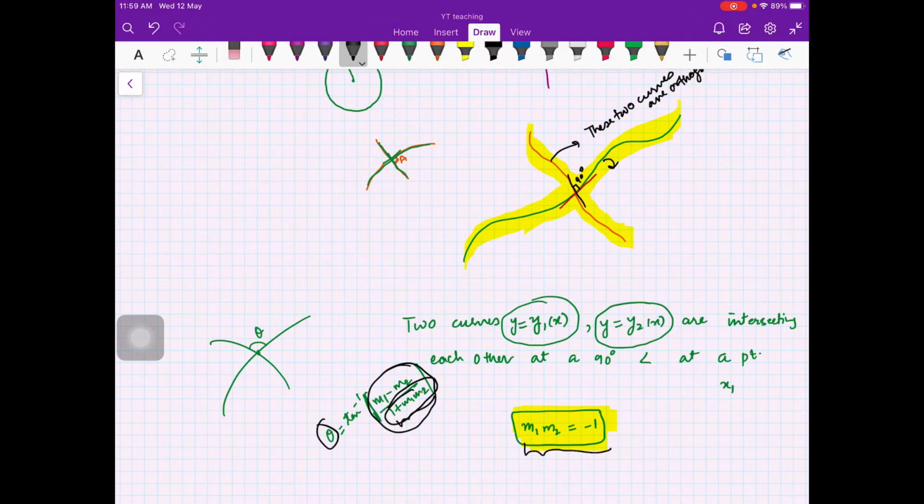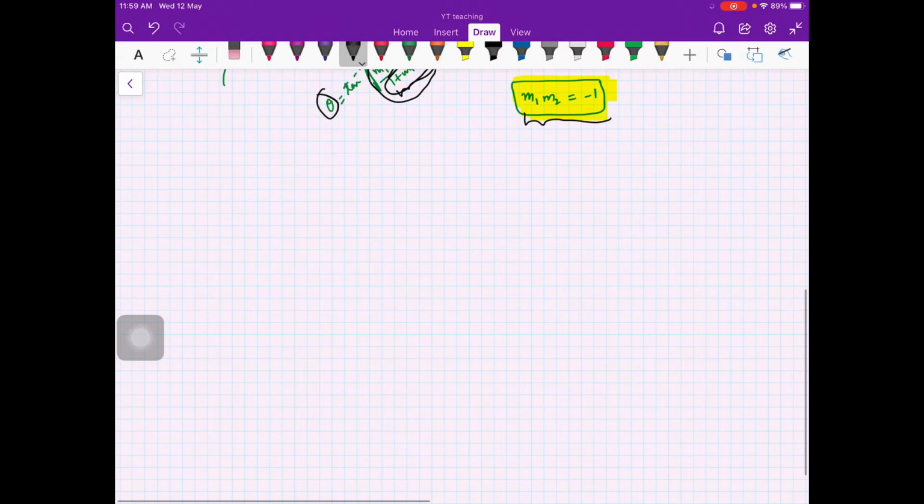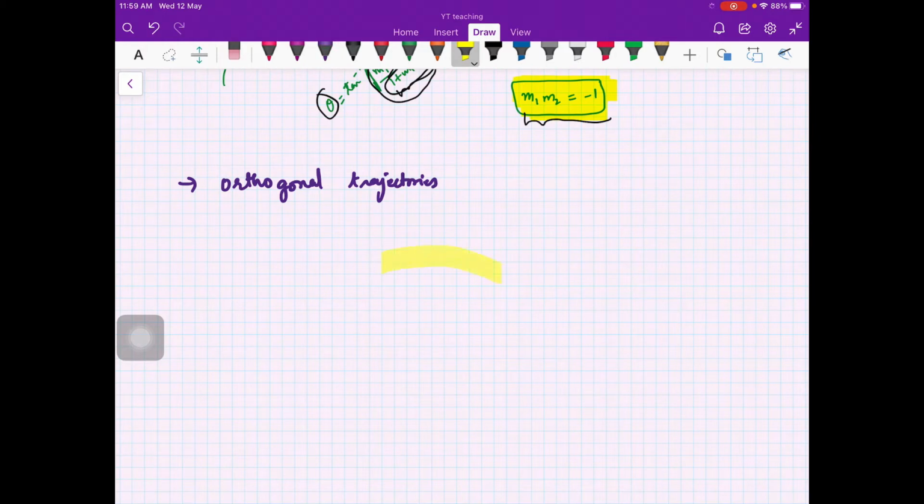So till now, what you should get from the discussion is the meaning of orthogonal trajectories. It means you have two curves which are intersecting at an angle of 90 degrees.